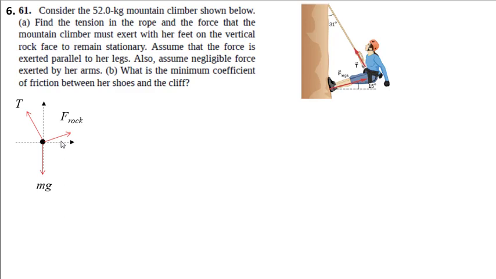So this angle is easy. That one's 15 degrees. So that's going to be easy for me to break up this force that the rock is exerting. To break up this tension force, I'm going to try to figure out this angle here. That's the angle that the vector makes with the horizontal. It's not 31 degrees. 31 degrees is the angle between that vector and the vertical.